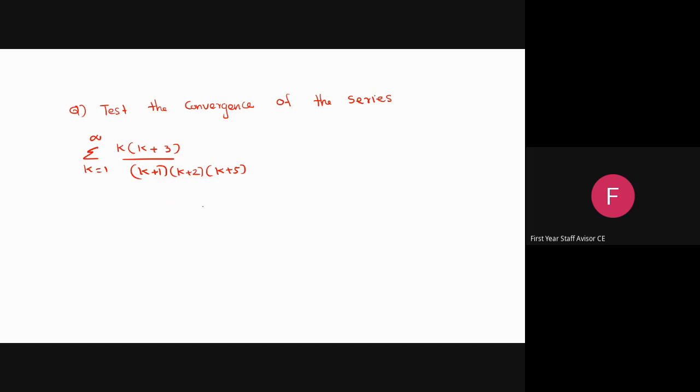What will we do? The given series is taken as a_k. That means a_k equals k into (k plus 3) divided by (k plus 1) into (k plus 2) into (k plus 5).